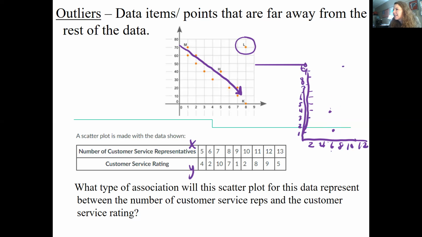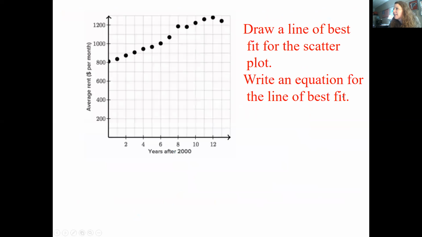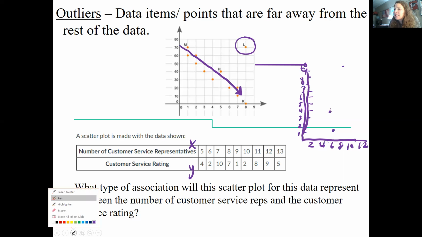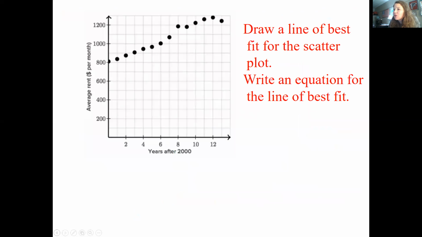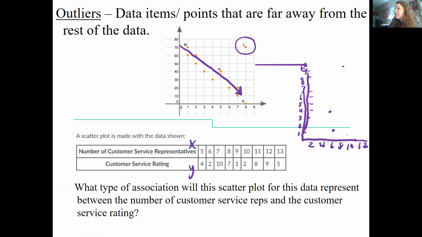And then 8 and 7, 9 and 1 down here, 10 and 2, and then 11 and 8, 12 and 9, about right there, and then 13 and 5, way over here somewhere.